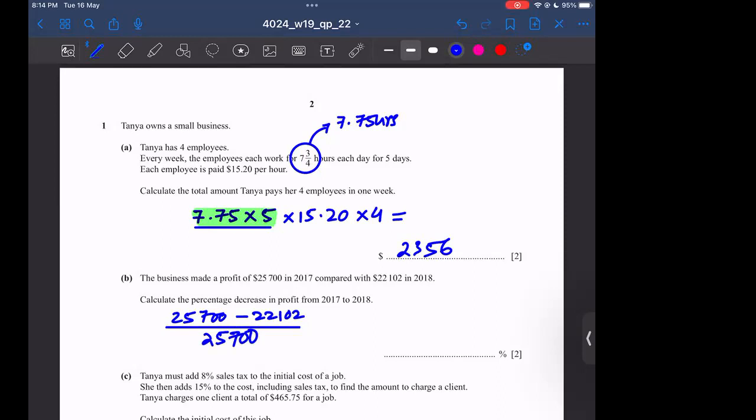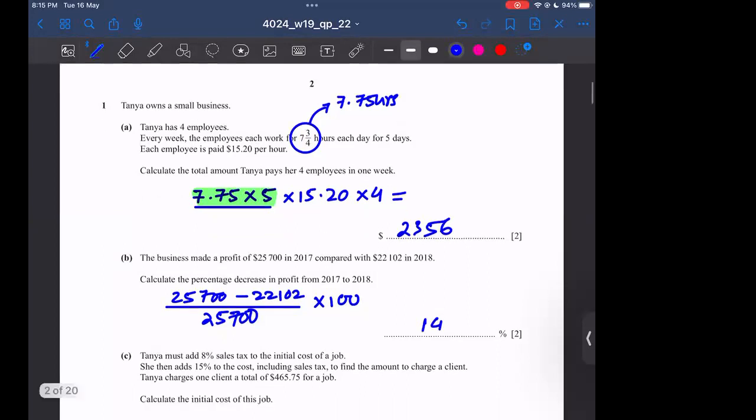Now multiplied by 100, you'll get the percentage decrease. So 25,700 minus 22,102, divided by 25,700, multiplied by 100. You get 14% here. The answer is 14%.